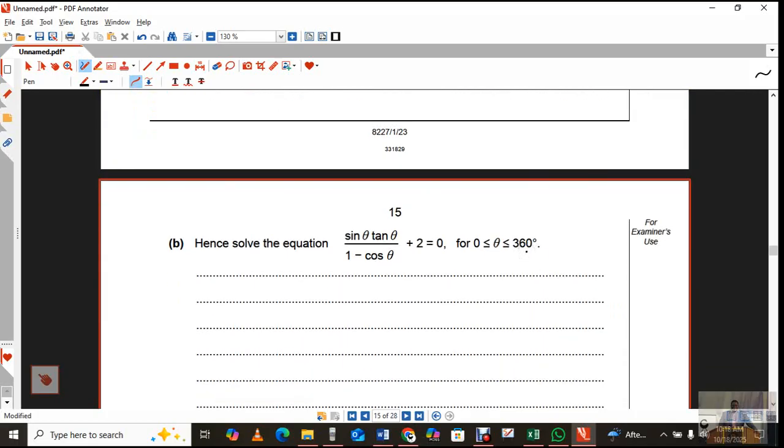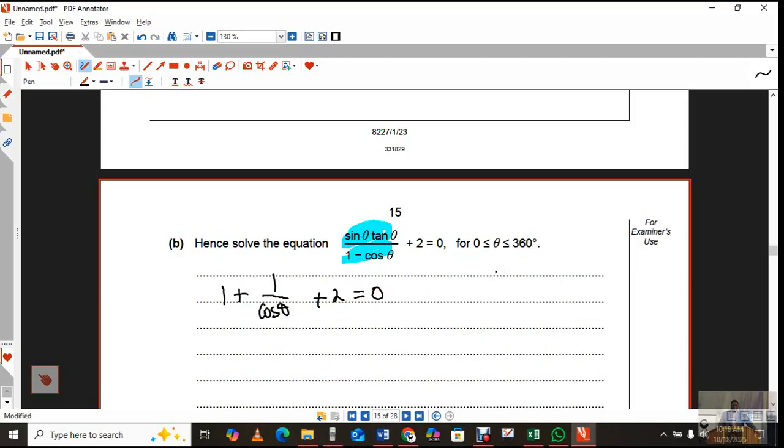Now they say, hence, solve the equation. Since this whole side is equal to what we just were proving, that is basically 1 plus 1 over cos theta plus 2, equal to 0.